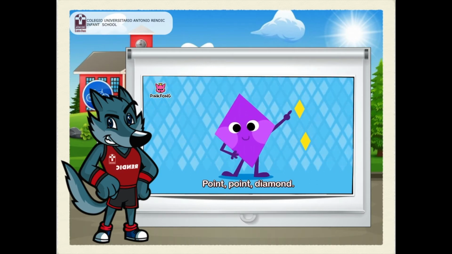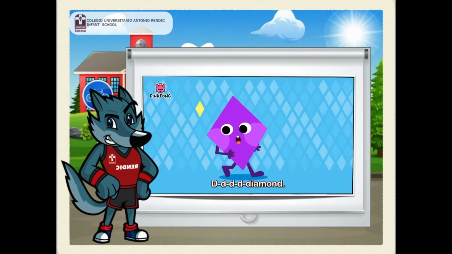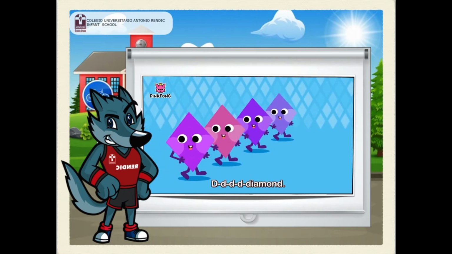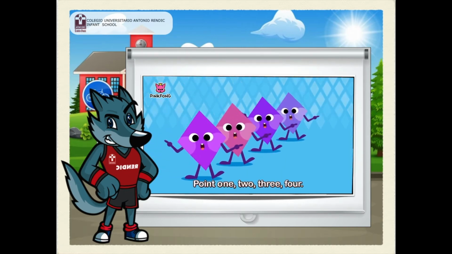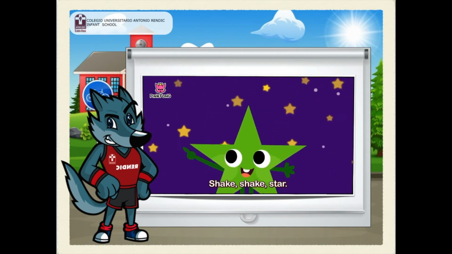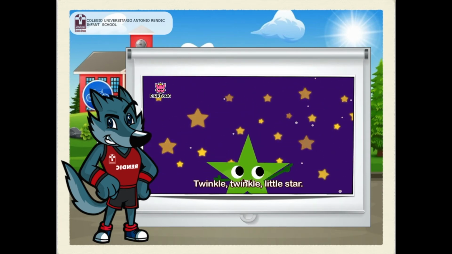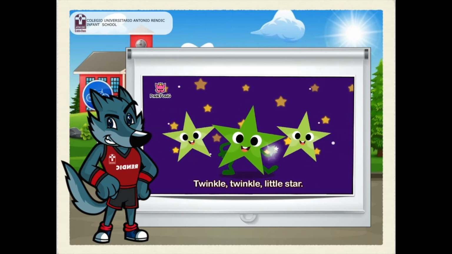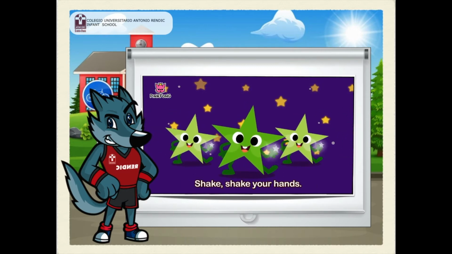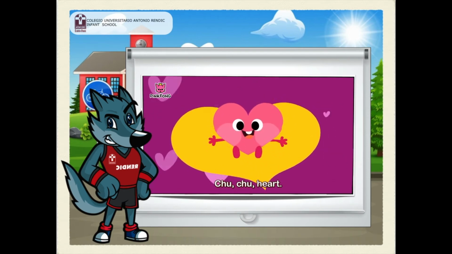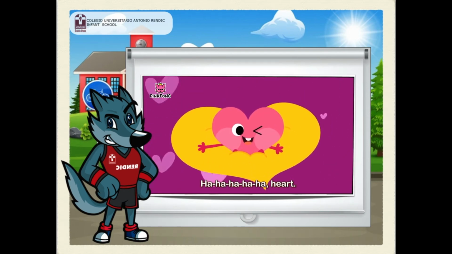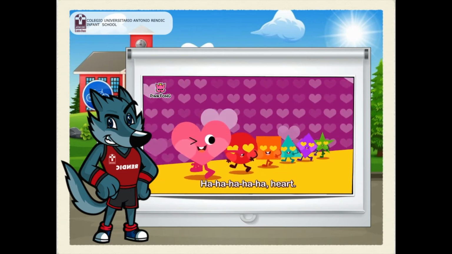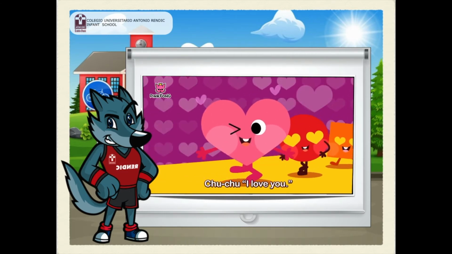Point, diamond. Diamond. Point your finger. 1, 2, 3, 4. Shake, star. Twinkle, little star. Shake your hands. Chew, heart. Ha, heart. Chew, give a kiss. Ha, heart. Chew, I love you.